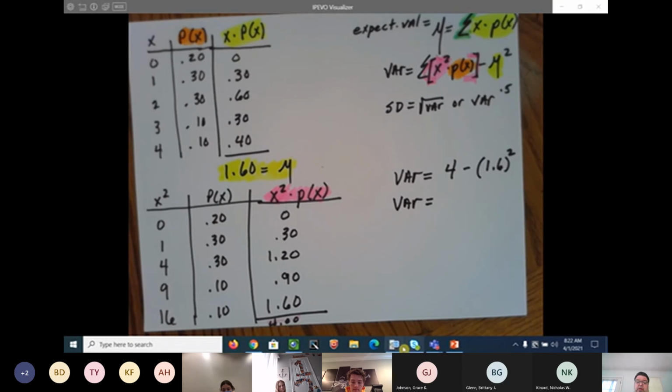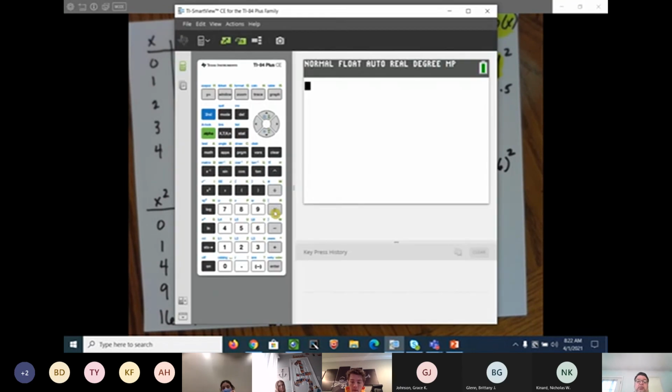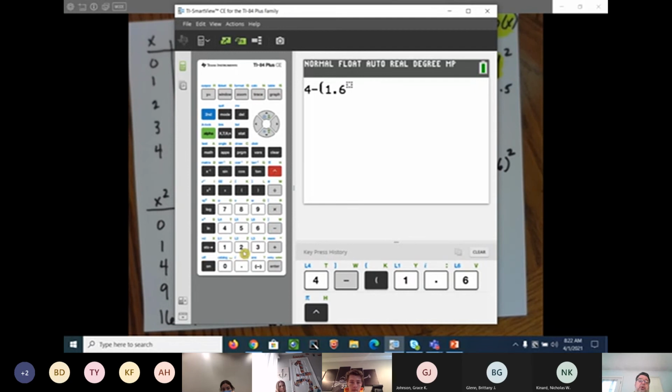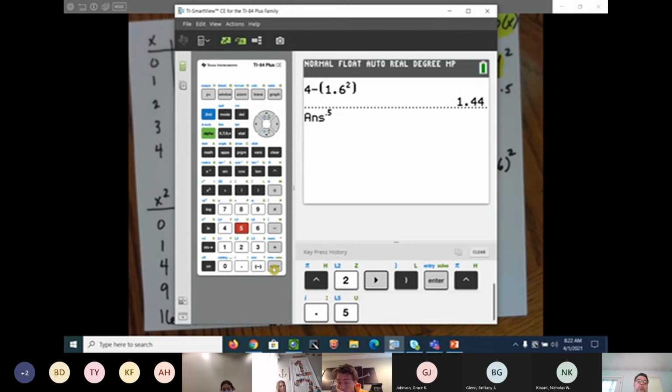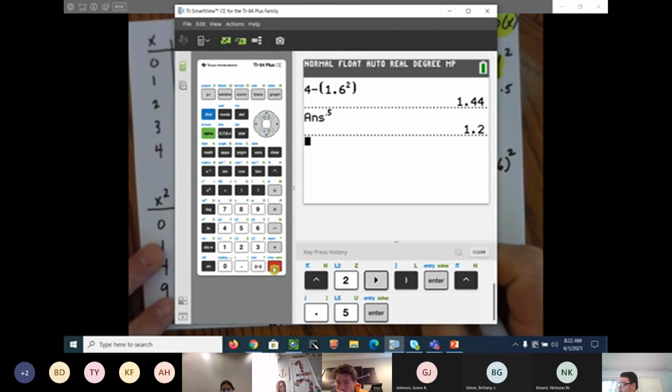So I'm going to go to the handy dandy calculator and do 4 minus parentheses 1.6 raised to the second power, close parentheses. And 1.44. And the standard deviation is equal to, raise that to the 0.5 power, 1.2.